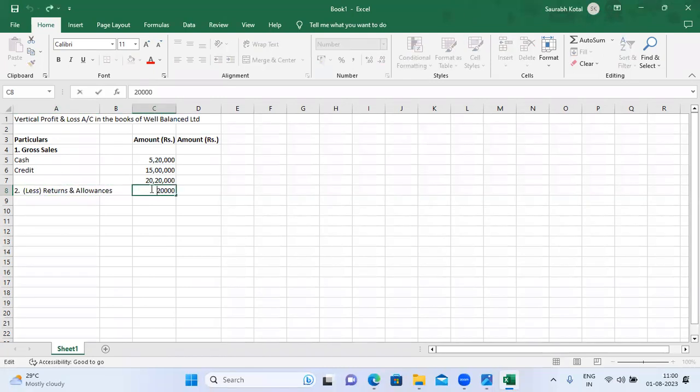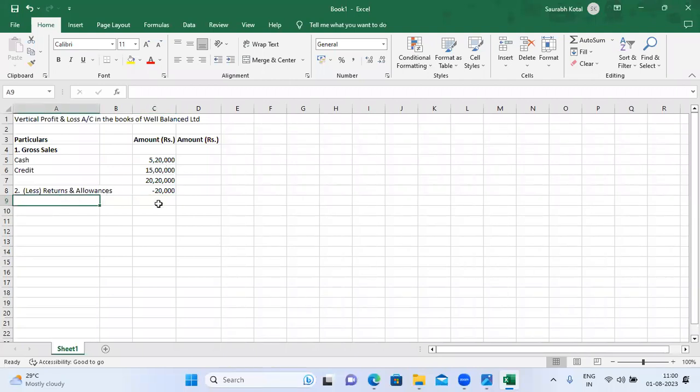Let me just put it in brackets. After doing so, what exactly are we going to get? 20 lakhs. This 20 lakhs is nothing but net sales.